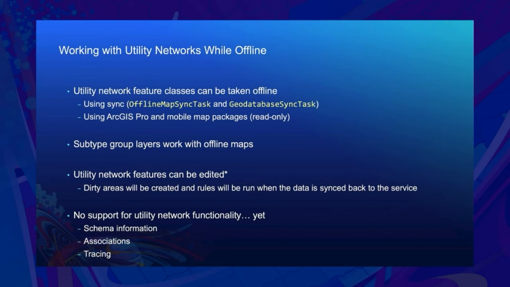Now, the important difference here is that when you're editing online, or when you're editing with Pro, dirty areas get created when you edit features. The dirty areas tell the system that the data in the database tables is different than the data that is stored in the network topology.